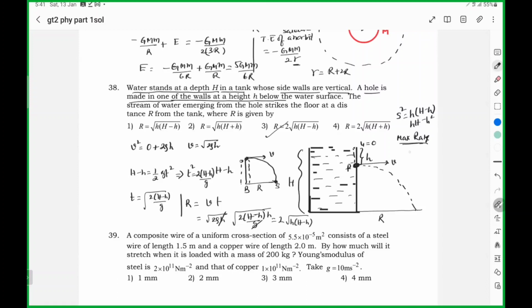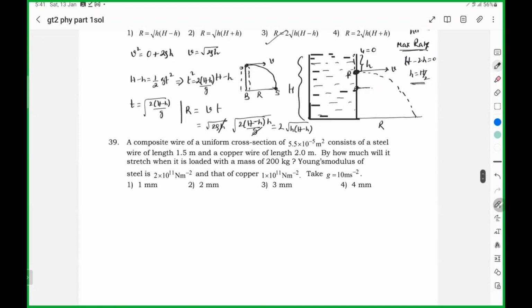For maximum range, H minus 2h equals 0. So h will be H by 2. That means the hole has to be made in the middle. It's not given in the question, so the third option is correct. For maximum range, the hole has to be punctured at H by 2 from the surface.